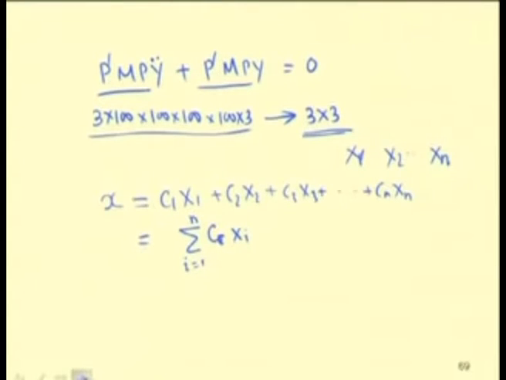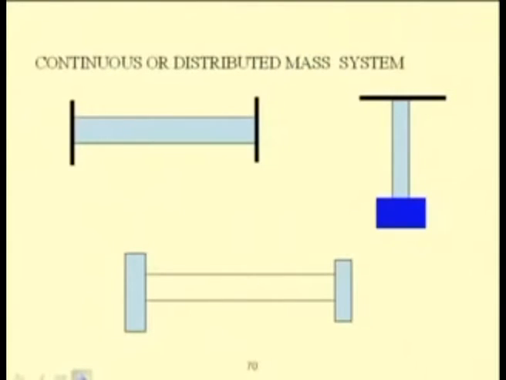Now we can consider the continuous system. In case of a continuous or distributed mass system, unlike the discrete system we have studied before, one can have an infinite number of natural frequencies.